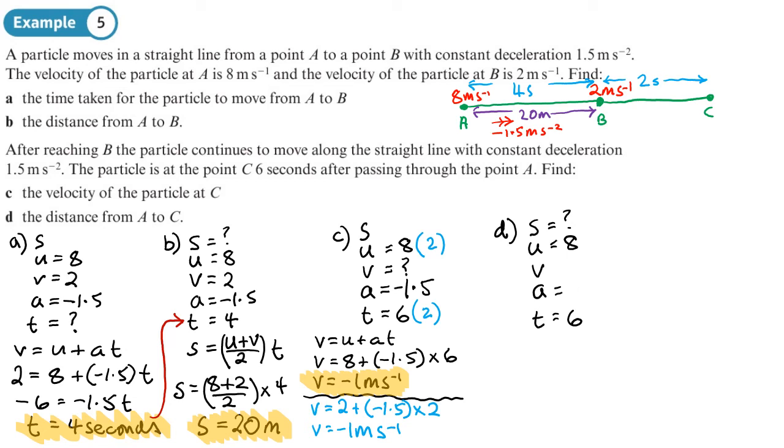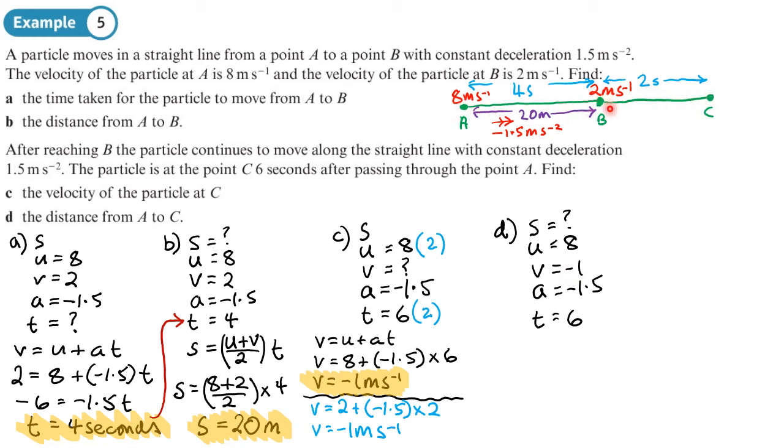Now, since I don't yet have a formula that has S, U, A and T in it, I need V. So V is going to be the velocity at C. Notice here I want to find a distance from A to C, so I've got the velocity at A and the velocity at C. So I need these two velocities if I'm going to find this distance.